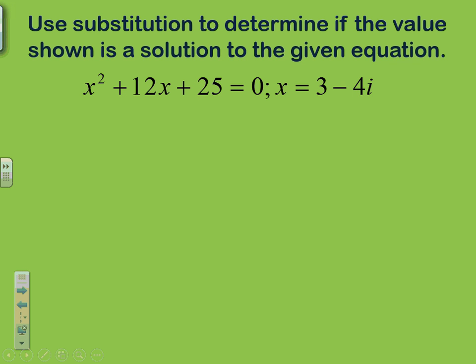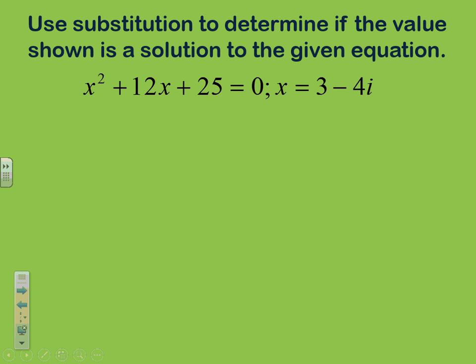Now this one here is going to get a little bit ugly as far as the math is concerned, depending on how comfortable you are with the rules that we established in the previous video and what we just saw at the beginning of this one, where we have the sum or the difference of a conjugate number squared.